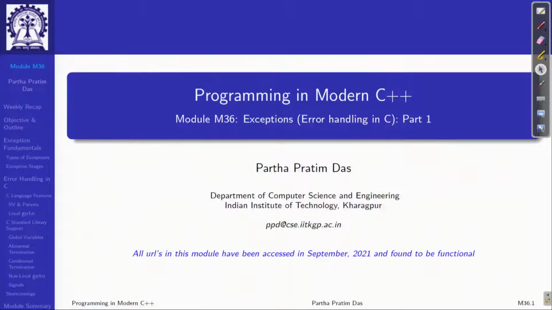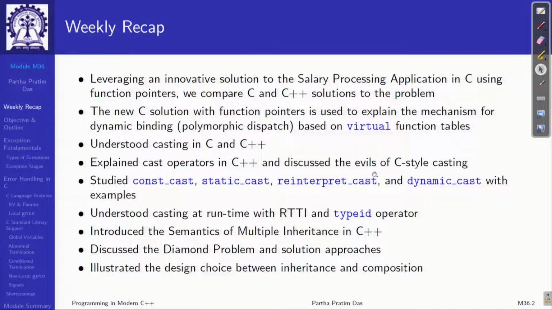We are in week 8 and I am going to discuss module 36. In the last week, we have talked about a variety of things.